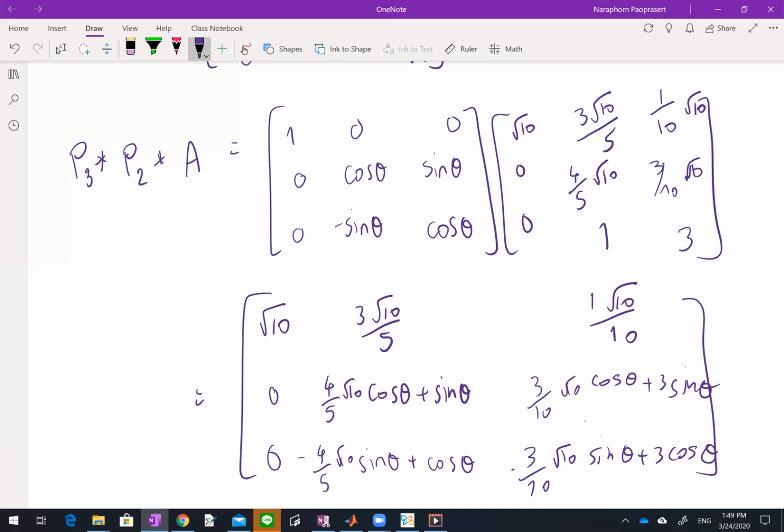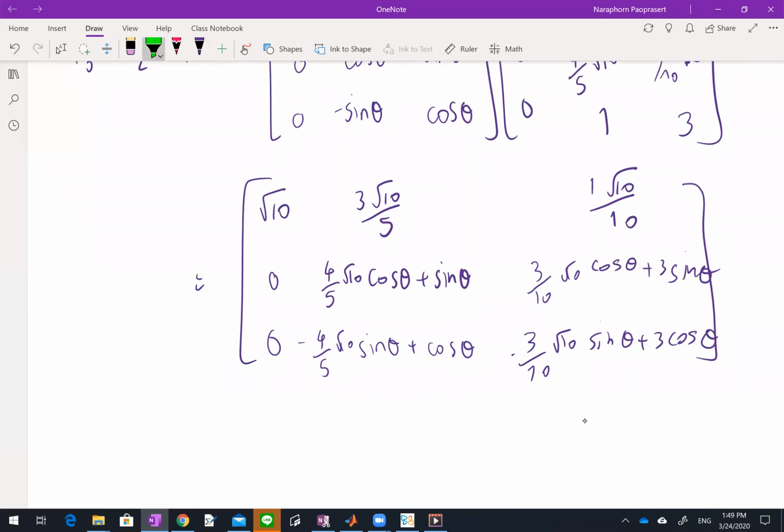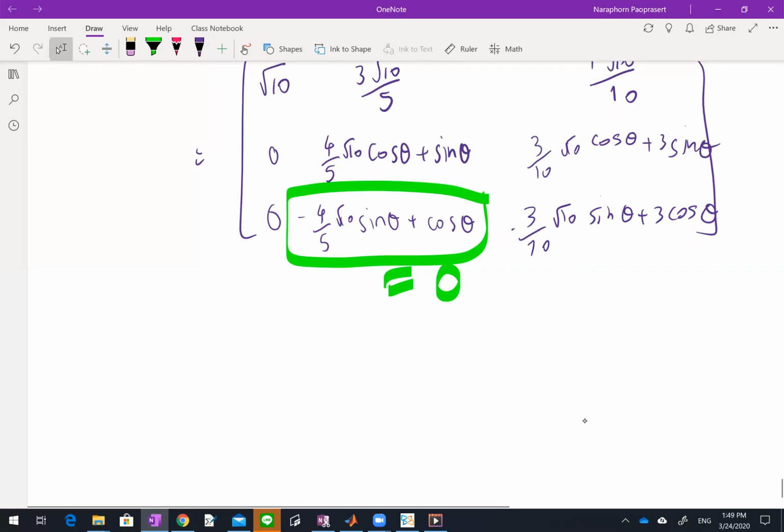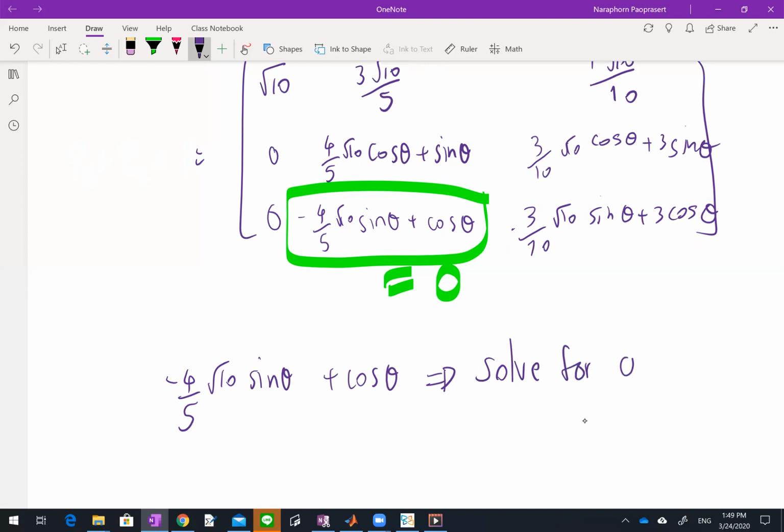So what you want again is that you want this to be equal to 0. In order to have this be equal to 0, you solve for theta, and then get cosine theta and sine theta.